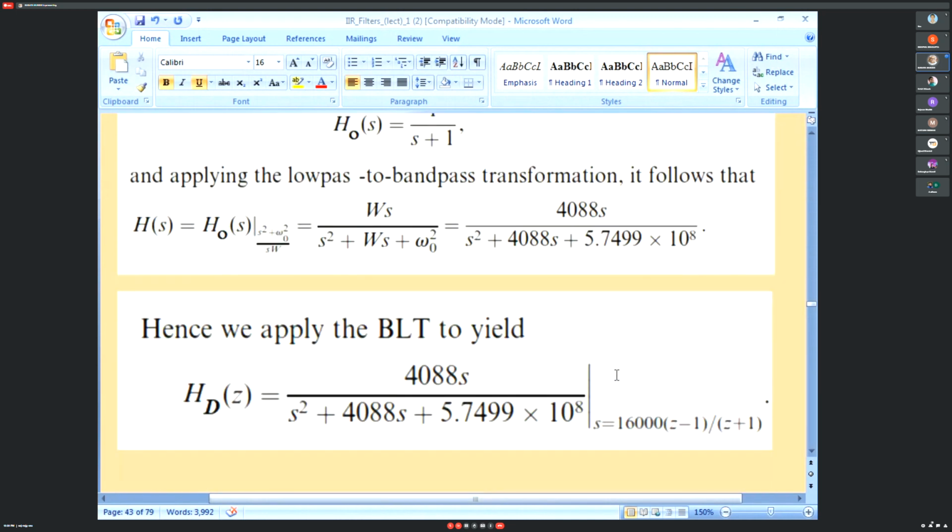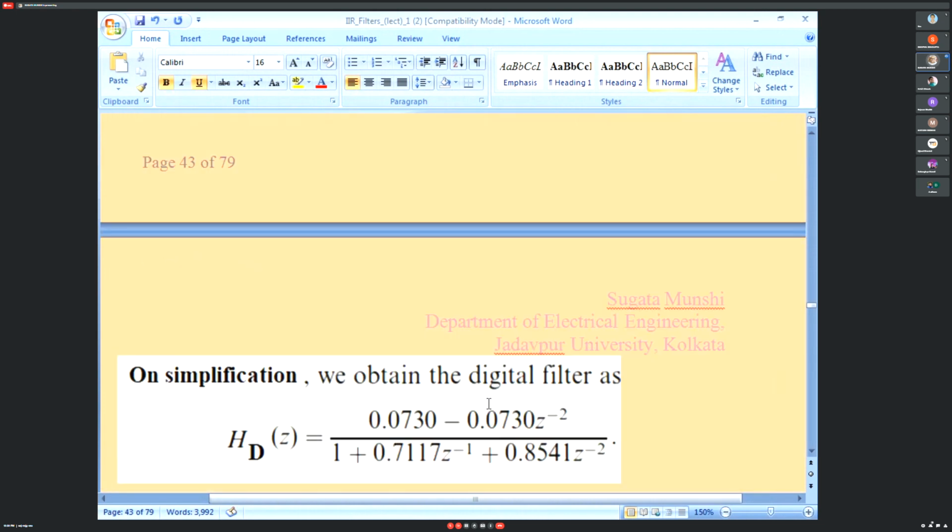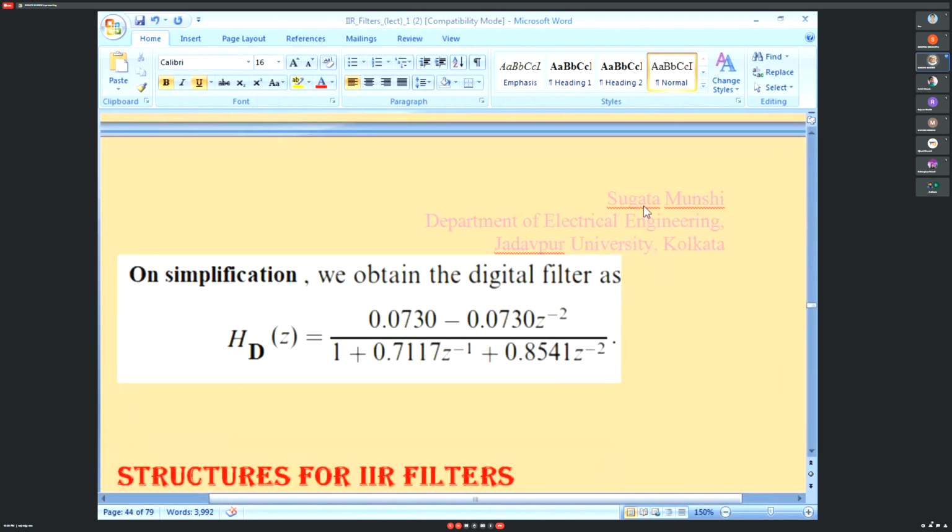Now you just apply bilinear transformation to get H(z). All right. On simplification, this is the expression for H(z). From that, you can easily obtain the difference equation.